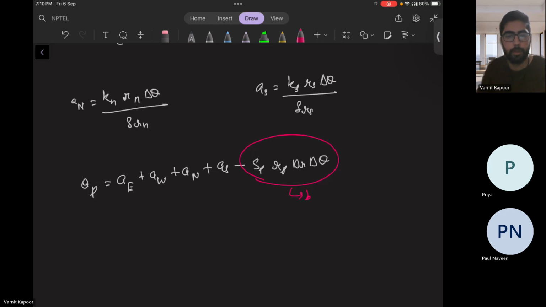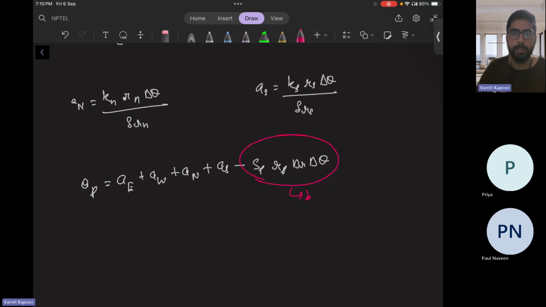Okay. All right. Any doubts still here to anyone? We have discretized in polar coordinates. So the discretization in polar coordinates.